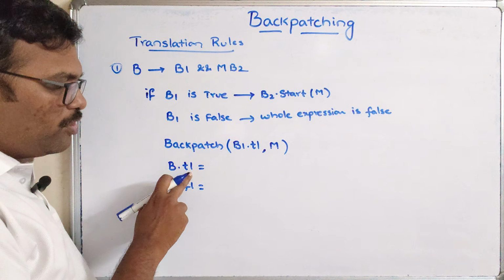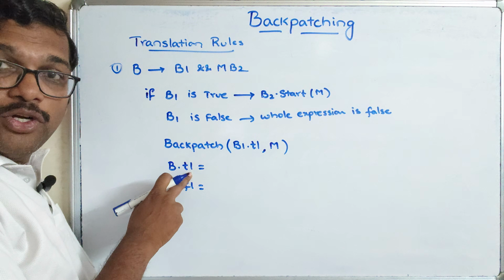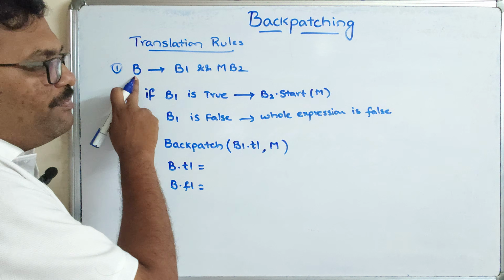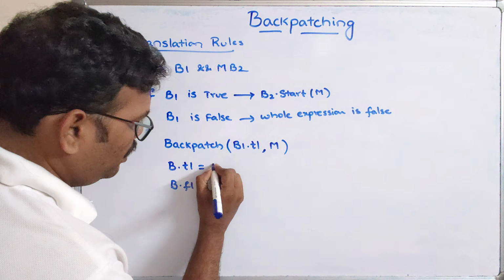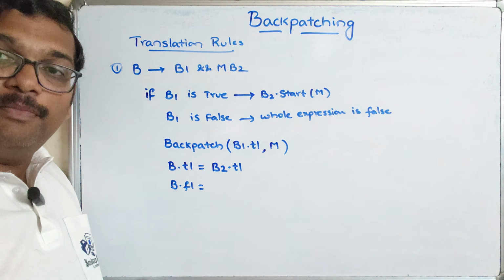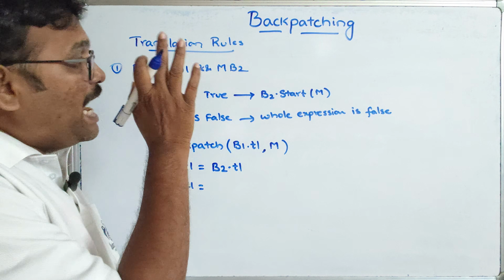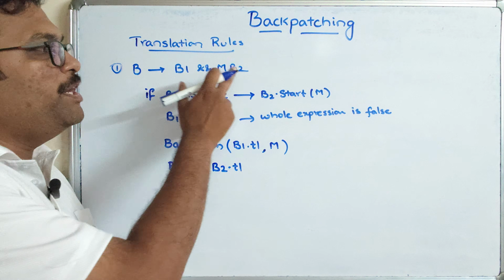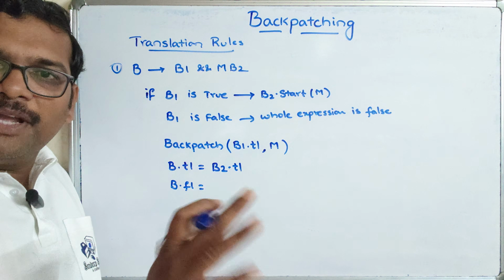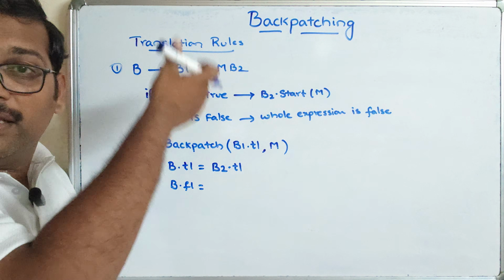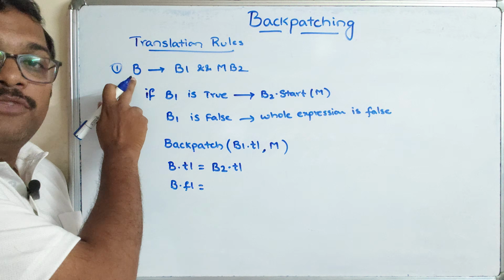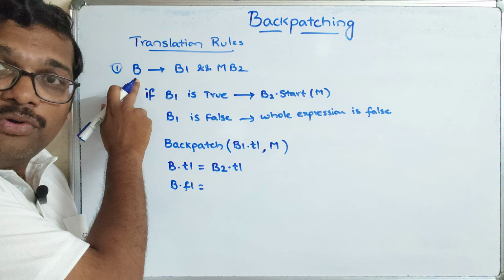So B becomes true if B2 is true. If B2 is in the true list, automatically B1 is true, because until and unless B1 is true, B2 will not get executed. If B1 is false, B2 will not be computed, so automatically that comes under AND. So when B2 becomes true, the Boolean expression becomes true.